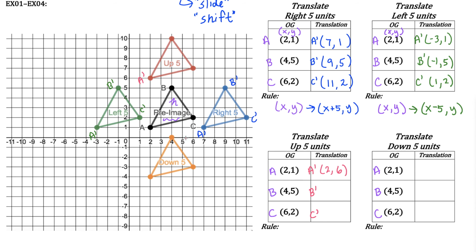And then we used to have 4, 5, and now it's at 4, 10. And then C used to be at 6, 2. Now C prime is at 6, 7.